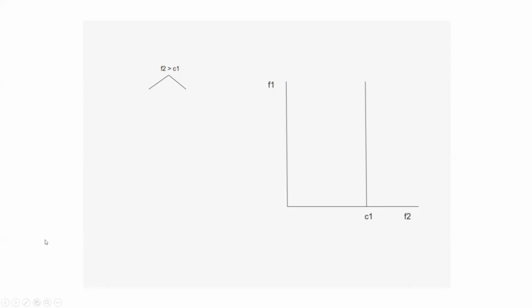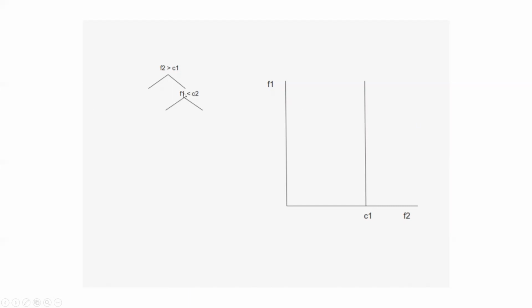So we keep doing this. We're going to ask a question now. Is F1 less than some threshold C2? And remember, this question only applies to one of these partitions. It doesn't apply to both. However people answered the first question, we're now only going to ask this second question of people that were in one or the other, whichever it may be.